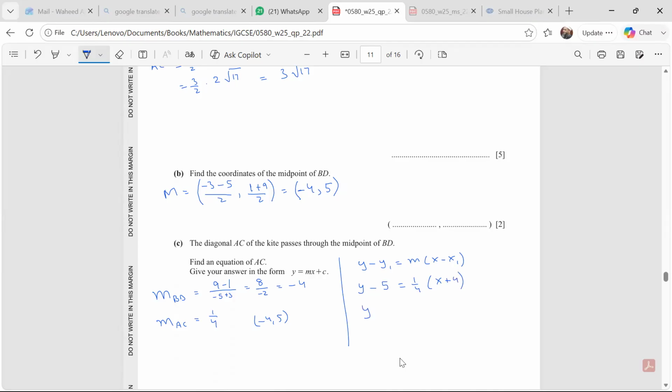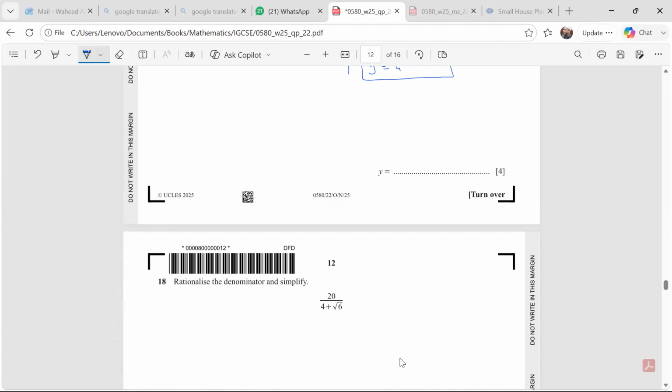So y minus 5 equals 1 by 4 x plus 1 by 4 times 4, that is plus 1. When you take this 5 to the right side, y equals 1/4 x plus 6. This is the equation of the line AC. I hope it's all really straightforward.